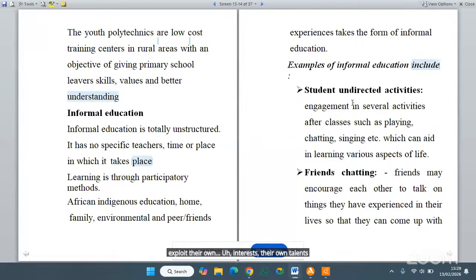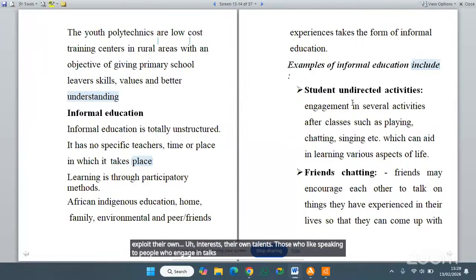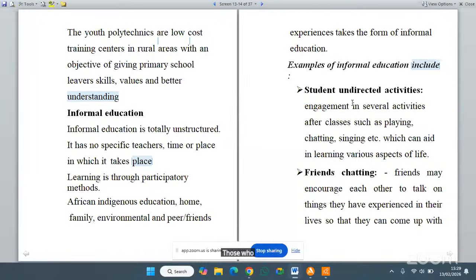Those who like speaking to people will engage in talks. Those who like to play will take their favorite sport and play. Those who enjoy singing, you will find them doing that. So this aids in nurturing their various inner talents.